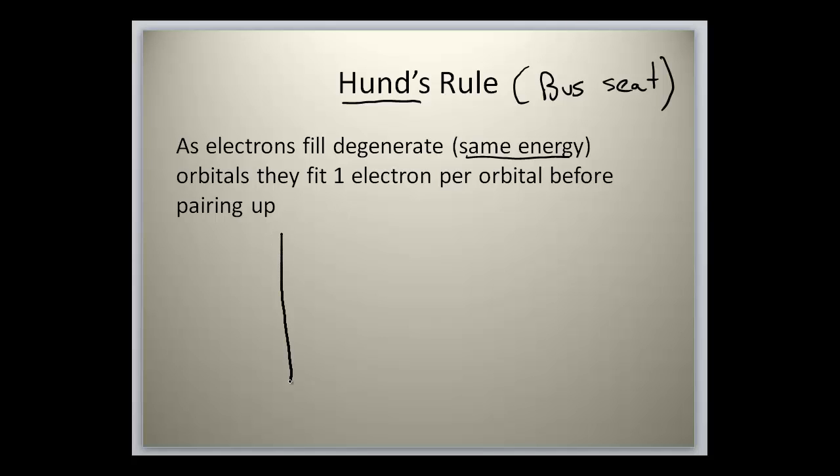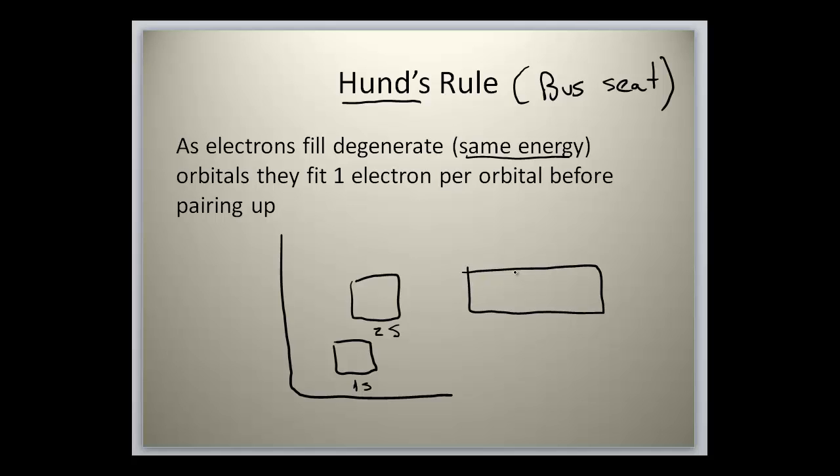So in our example, let's say we have our 1s, our 2s, and then our 3 p orbitals in the second energy level. And let's say we're talking about an atom with 7 electrons. So again, according to the Aufbau principle, we'll put 2 in that orbital.